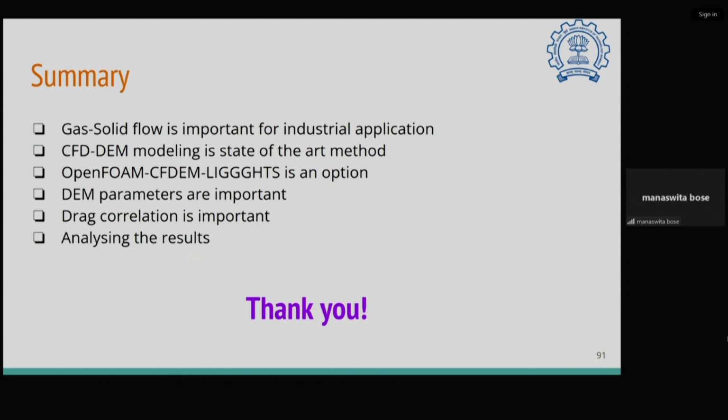OpenFOAM CFDEM LIGGGHTS is a very good open option. DEM parameters are very important; we have seen that you get two different contact laws, but how they relate to the macroscopic behavior, we have to look at the system and tell. Drag correlation is important. Results can be different, need not be. And it is very, very important to analyze the results.